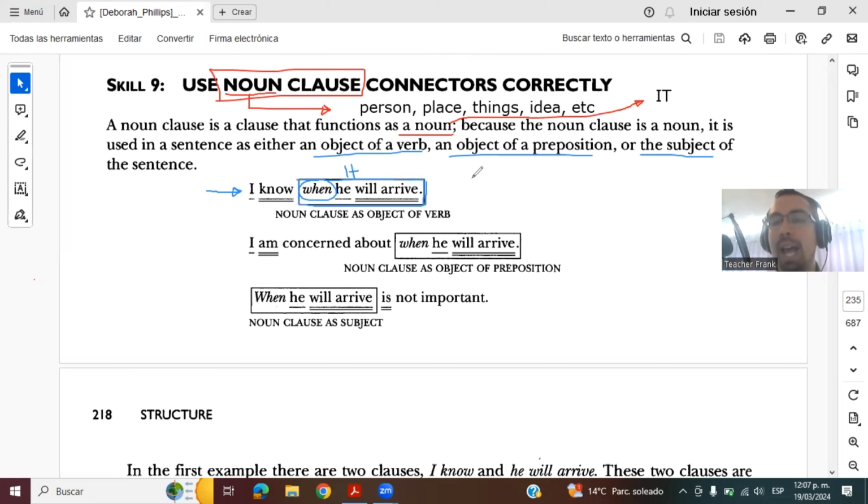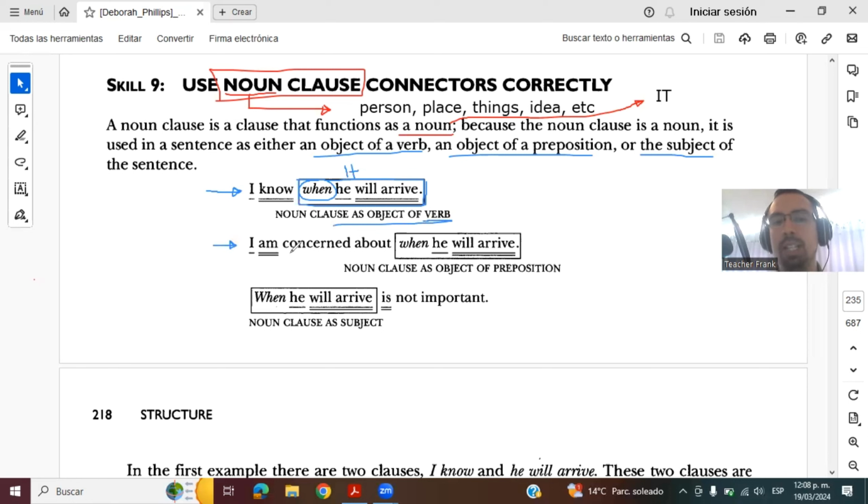In other words, I know it. Yo sé eso, right? I know what? I know when he will arrive, right? And since when he will arrive is after a verb, then this is a noun clause as object of verb, right?